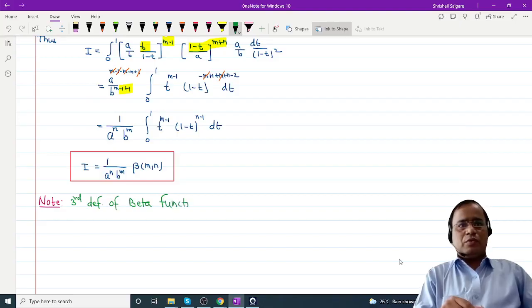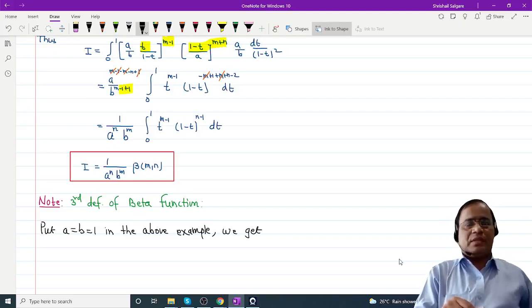So what you have to do, for the third definition of beta function, put a is equal to b is equal to 1 in the above example. Then what you will get? First I will write the integral. I think that statement is with you. Anyone can help me to write.